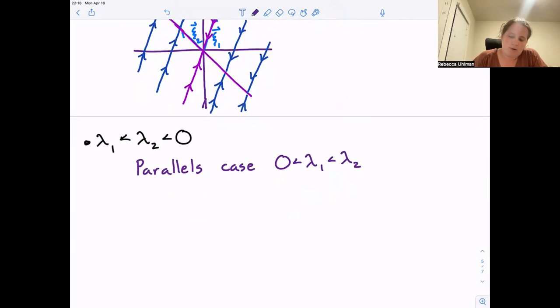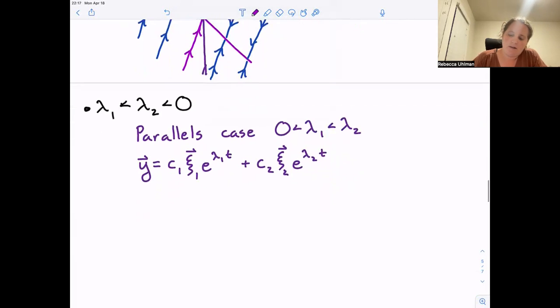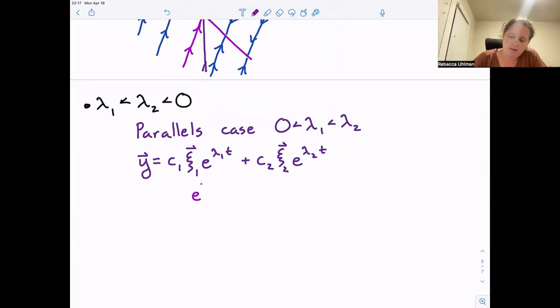Once again, we will have y is equal to c1 psi1 e to the lambda1t plus c2 psi2 e to the lambda2t. We will have e to the lambda1t and e to the lambda2t both go to 0 as t goes to infinity.